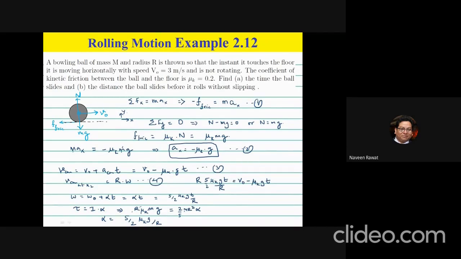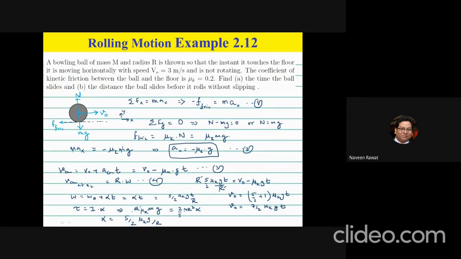I'm seeing that R and R are cancelling. I have mu_k g t and mu_k g t, so this is exactly the same term. So I get v0 is equal to 5 halves plus 1, taking this to the other side, times mu_k times g times t. So that means I'm getting the initial velocity as 7 half mu_k times g times t.